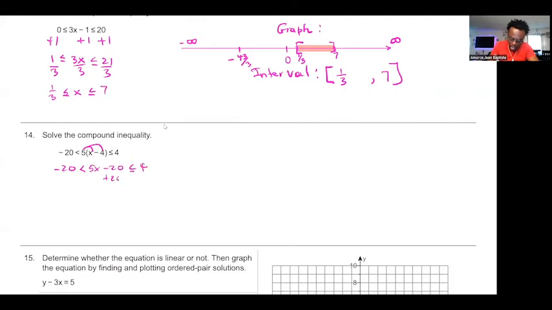Then we add 20 on both sides, right? And then that's 0 here, less than 5x less than or equal to negative 16, right?